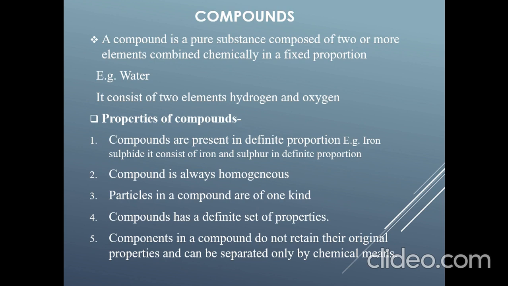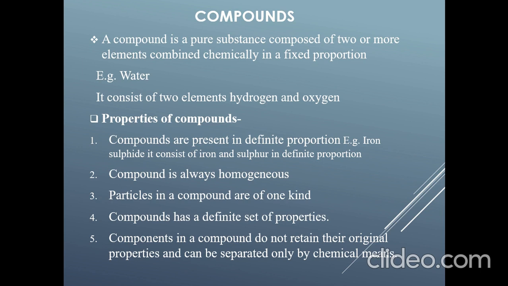It consists of two elements, hydrogen and oxygen. Now the properties of hydrogen and oxygen are different, and that of water is different from these too. So the properties of water are different from that of hydrogen and oxygen. And elements combine in fixed proportion by weight.